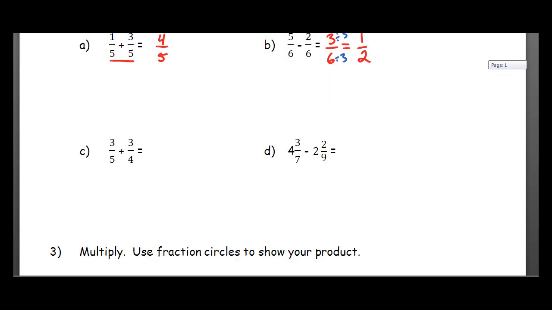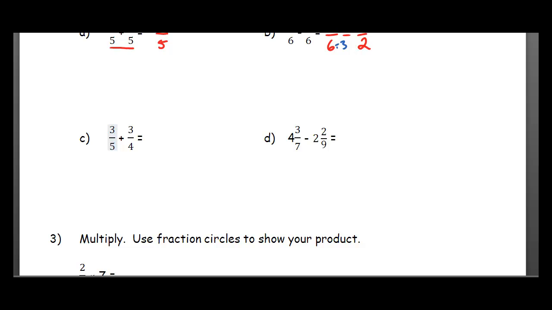C, we have 3/5 plus 3/4, so we have to get a common denominator here, and what's common between 5 and 4 is if I multiply 5 times 4, multiply 3 times 4, and then 4 times 5, and 3 times 5, I write my new equivalent fractions: 12/20 plus 15/20, which equals 27/20.